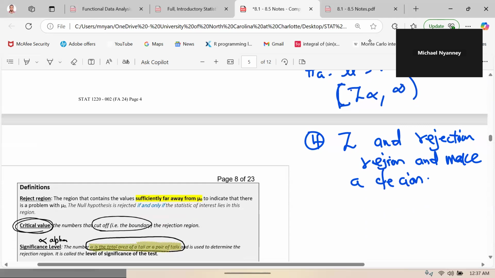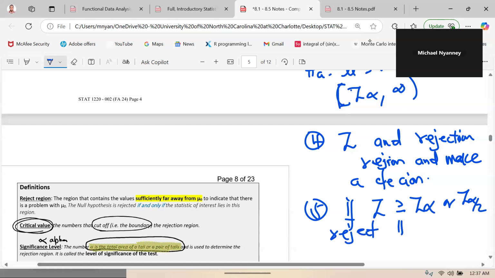So in simple terms, if your z is greater than or equal to z alpha or z alpha over 2, reject h naught.